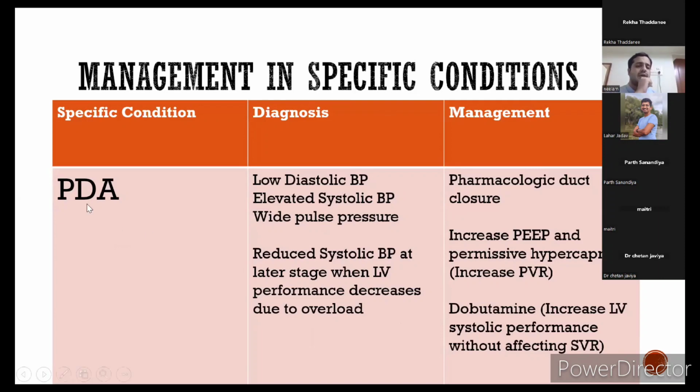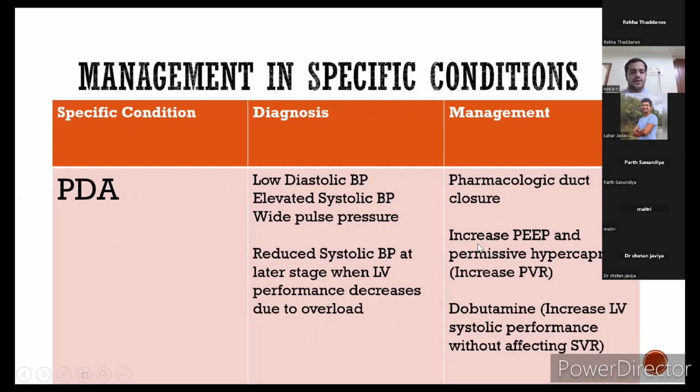Second, if you have a baby with a hemodynamically significant PDA, the systolic BP will be high, the diastolic BP will be low, and there is a wide pulse pressure. Eventually, in later stages, when LV failure happens, even the systolic BP will decrease. Management will include closure of the ductus arteriosus. You have to have permissive hypercapnia and increase PEEP.